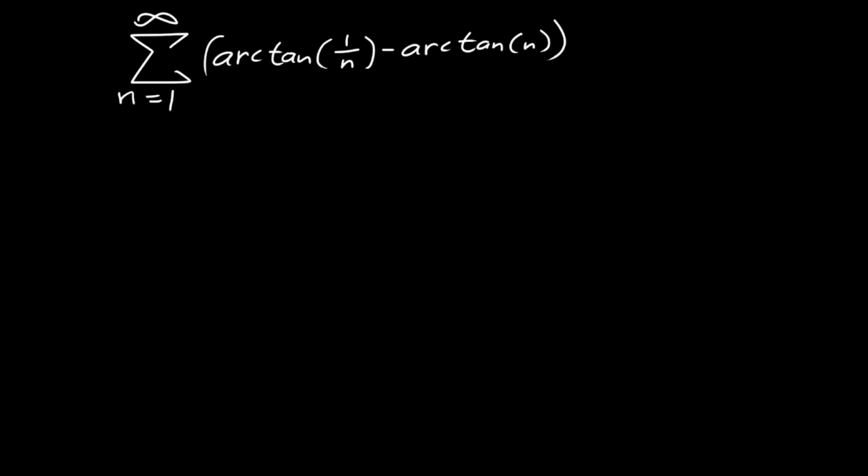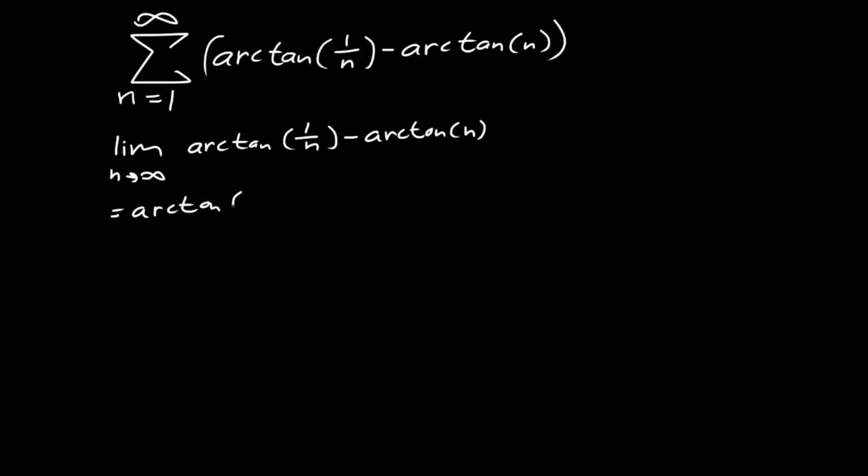So if we were to take the limit as n approaches infinity of arctan of 1 over n minus arctan of n, we can set this equal to arctan of 1 divided by infinity, which is 0, because 1 divided by infinity is equal to 0, minus arctan of infinity.